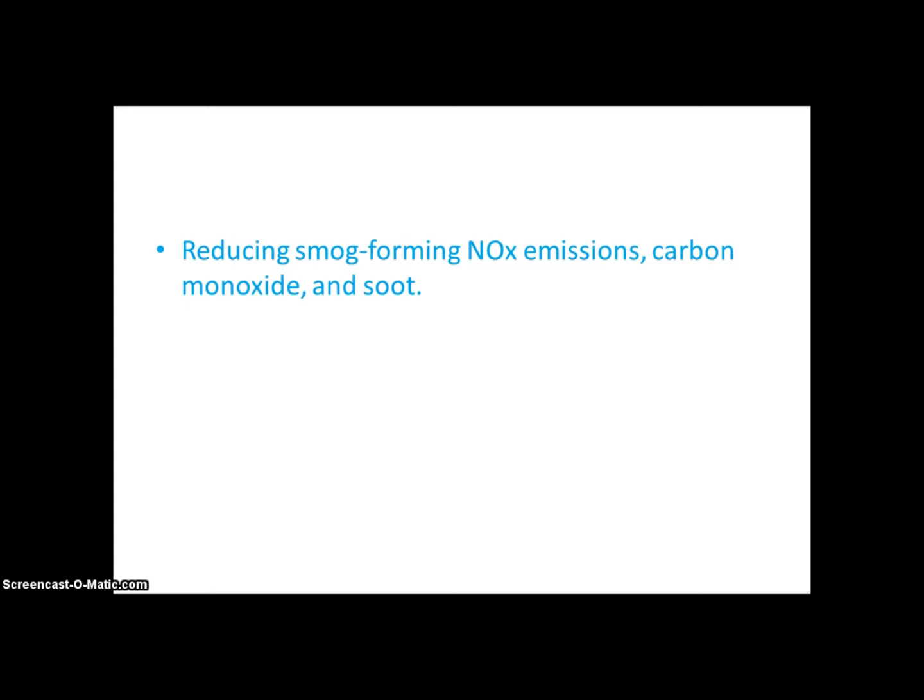So by using ECC, it produces agglomerates and particles that are easily removed downstream, so that people can easily pick up the particles to remove them without having them disperse into the air and cause air pollution.